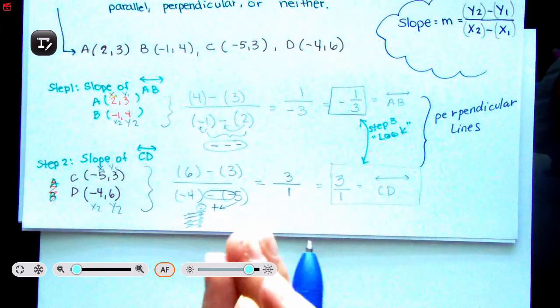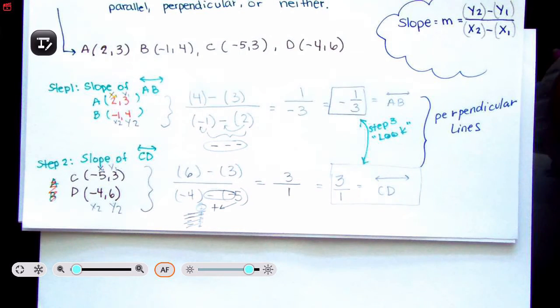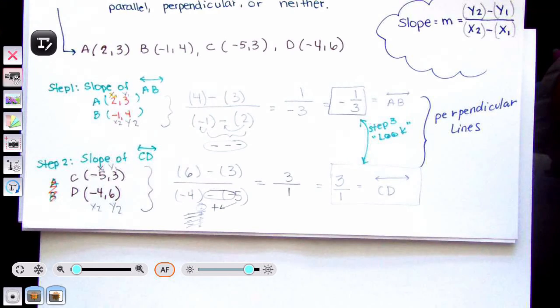I can make that final statement: because my slopes are opposites and reciprocals, I know for a fact my lines are perpendicular. All right, let's move on to example number 2.